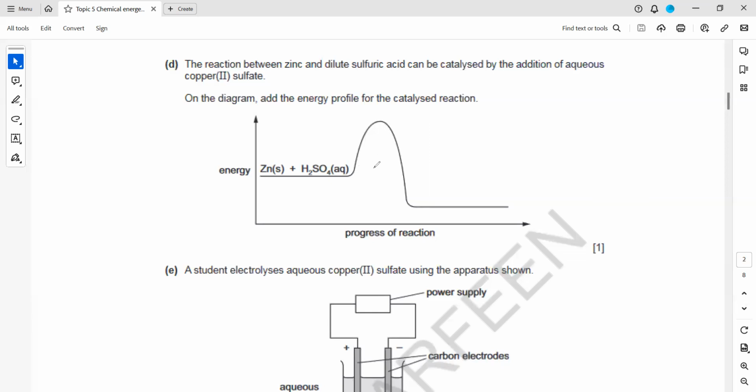So without a catalyst, this was a high activation energy; with a catalyst, the same reaction can occur with a low activation energy. And here we don't have to write the name of a product, as we already did. So we just have to complete it to show that as we catalyze the reaction, the activation energy will be lower.